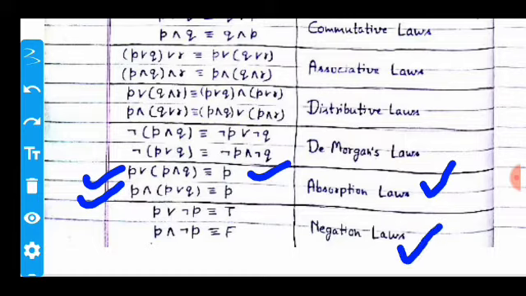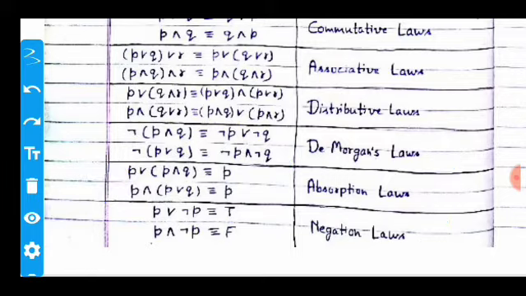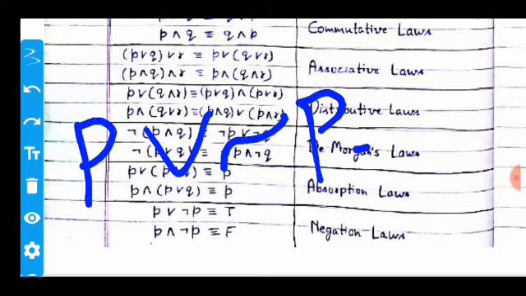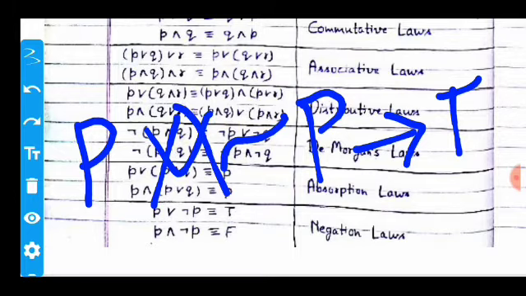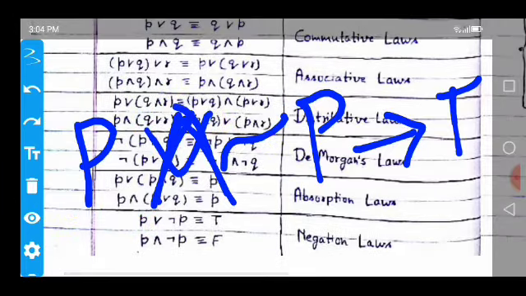Now comes the negation law. The negation law represents that when P is ORed with not P, it produces a true value, but when ANDed with the same negated value, it produces false.